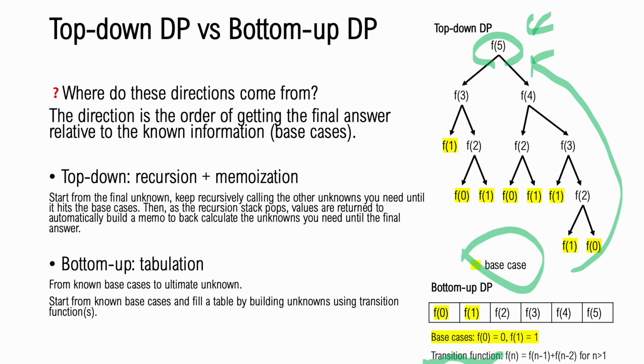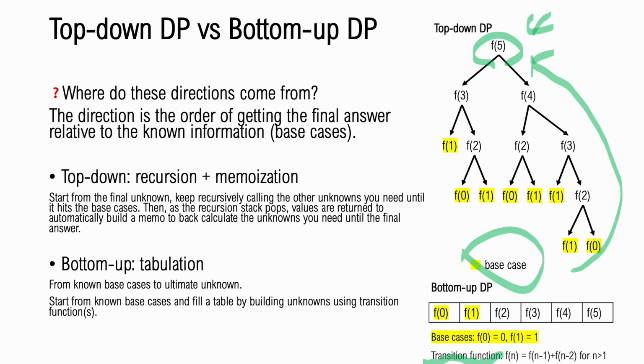So the similarity between the top-down and the bottom-up approach is that you need a table, a memo, to help you record the answers to the sub-problems you already solved. And you also need to rely on the known information in the base cases to help you reach the final answer you need. But the difference is that the top-down approach uses recurrent.